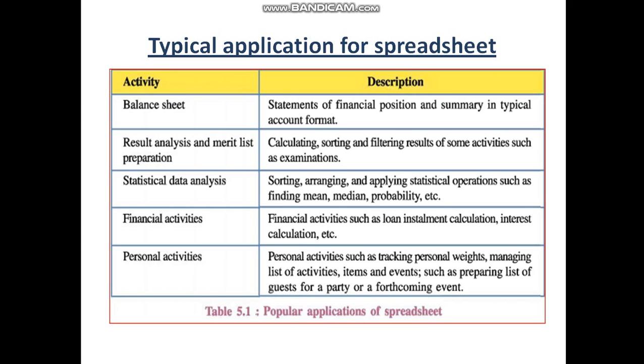Next, personal activities such as tracking personal weight, managing lists of activities, items, and events such as preparing a list of guests for a party or forthcoming event. So basically it is used for making lists and making calculations. So we use Calc sheets.